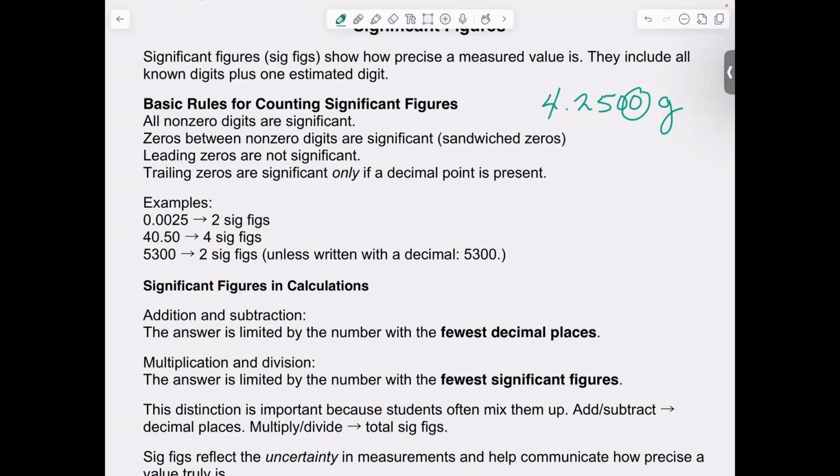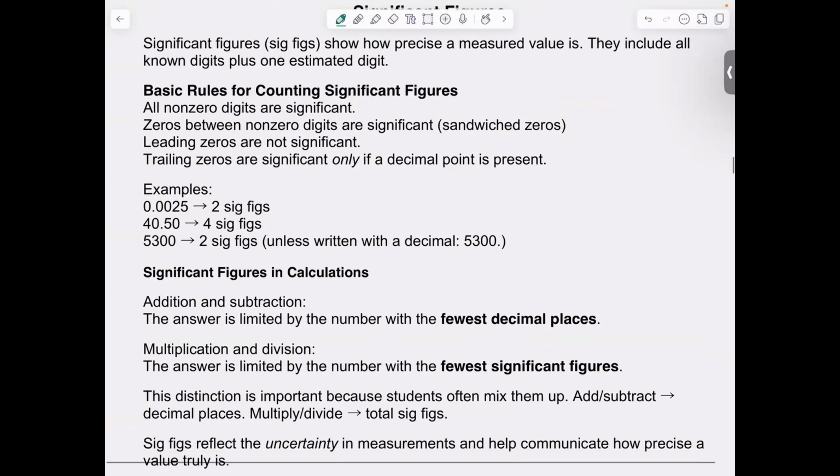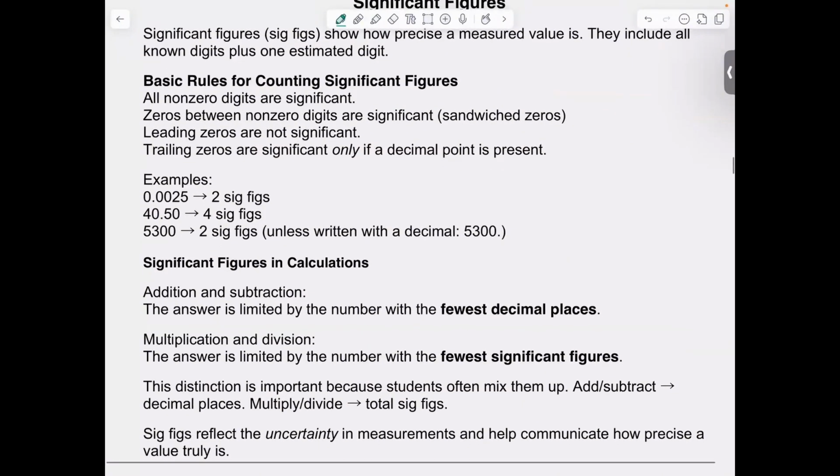Now, the basic rule for counting significant figures, because that's what you'll probably need to do in lecture when it comes to quizzes and exams, is that you'll just need to tally them up and give a grand total. All non-zero digits, those are considered significant. Zeros between non-zero digits are significant. So if I have like 203, that zero in the middle is considered significant.